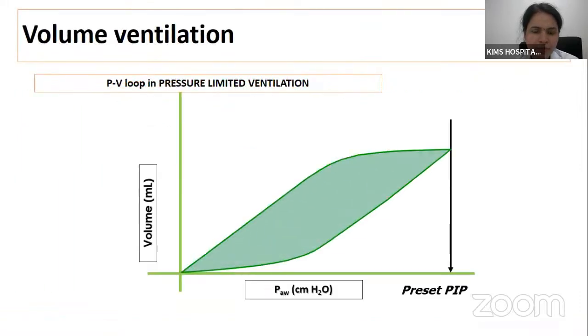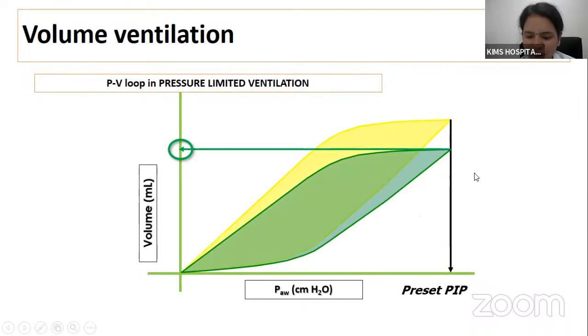Right? But when we look at the typical pressure limited ventilation, this is how the pressure volume loop is going to look. This is the preset PIP.